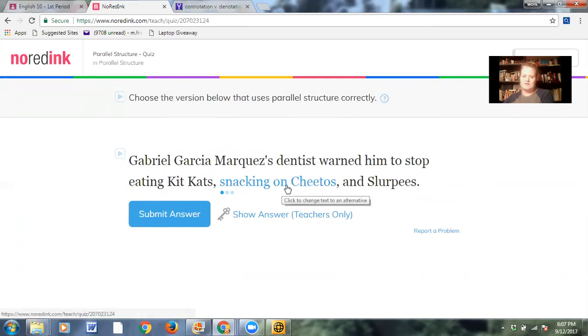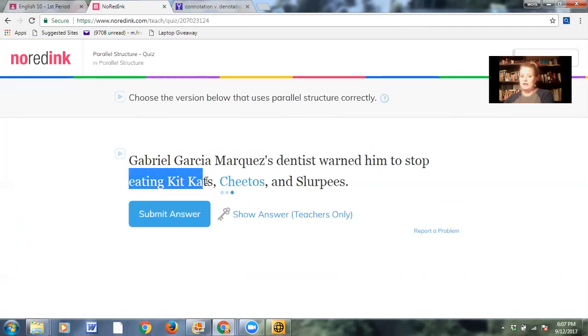When I have an option like this, I can click on it to see my different options. So when I want a parallel structure, I have a list here. So I've got eating Kit Kats, Cheetos, and Slurpees.